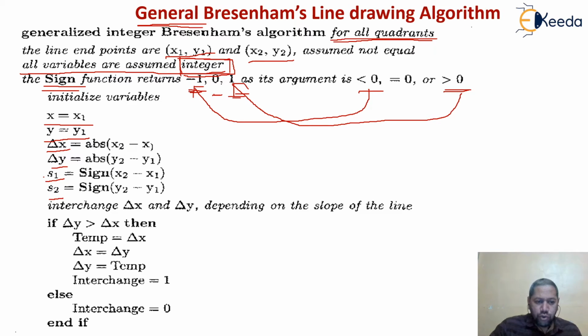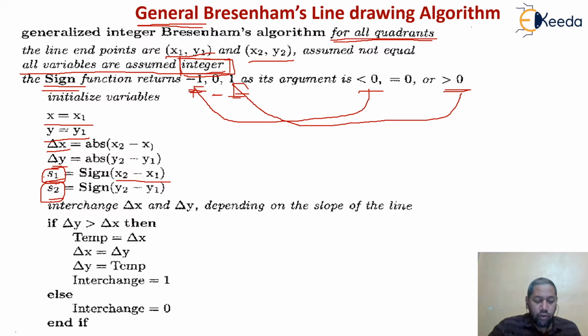What is the use of s1 and s2? s1 is the sign of x2 minus x1, and it decides whether I have to increment or decrement x, or neither, meaning it is added with 0, or with -1, or with 1. Similarly we calculate s2: s1 is for x, s2 is for y. s2 is equal to the sign of y2 minus y1.